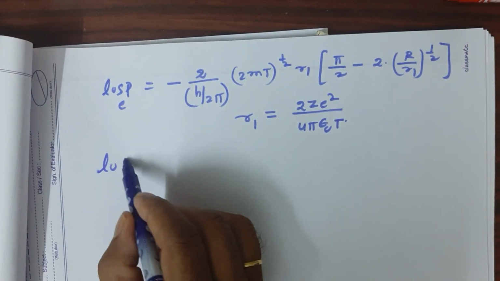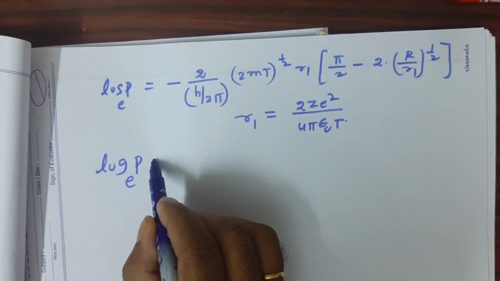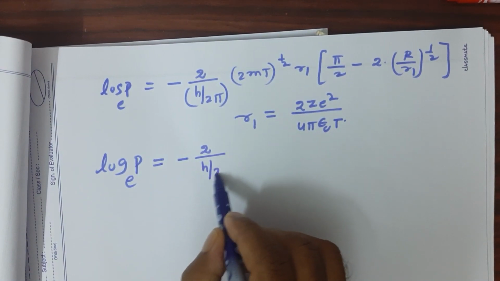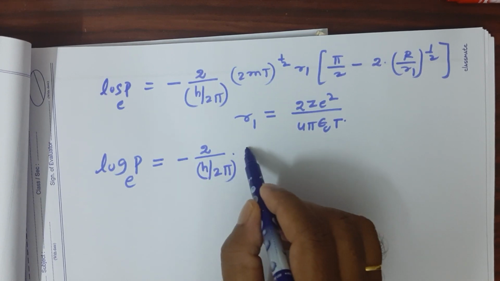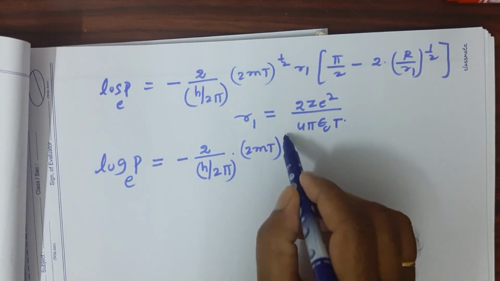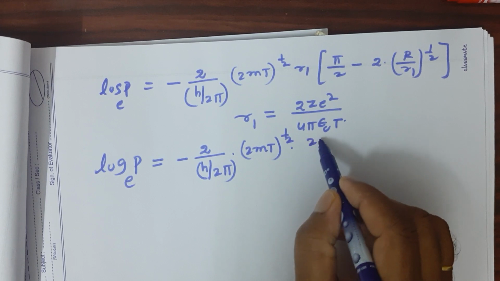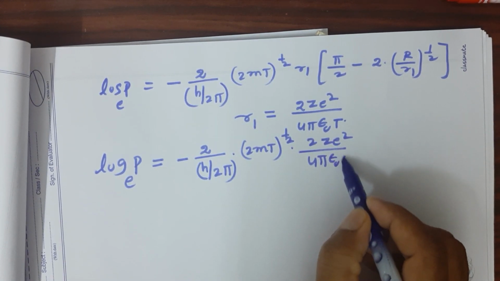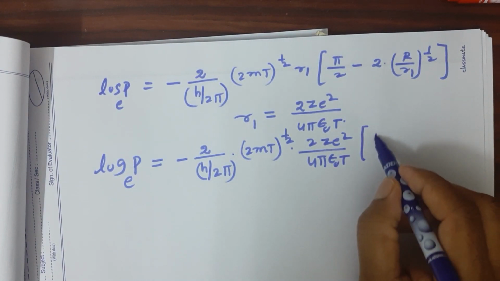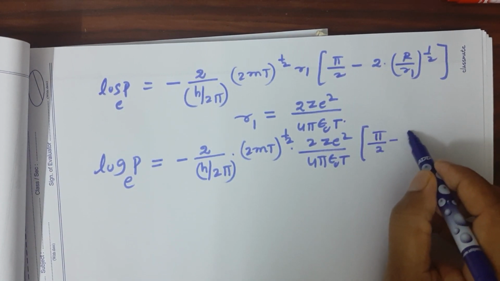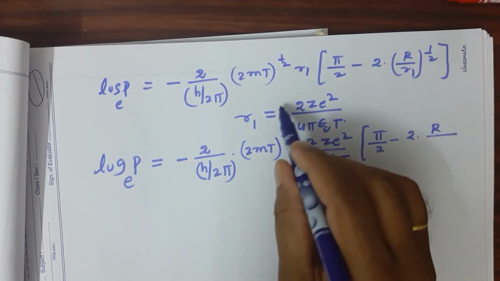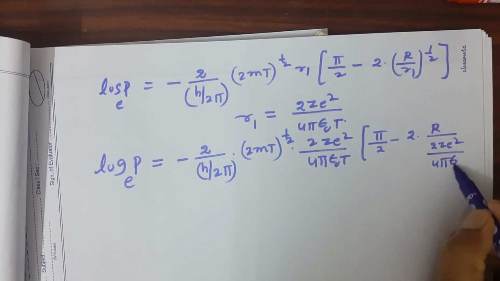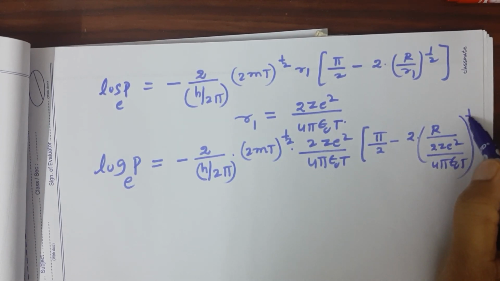So by substituting that, log p base e is equal to minus 2 by h by 2 pi, right, 2mt to the power half into 2Ze² by 4 pi epsilon naught t into (pi by 2 minus 2 times the square root of R by r1, where r1 is 2Ze² by 4 pi epsilon naught t).